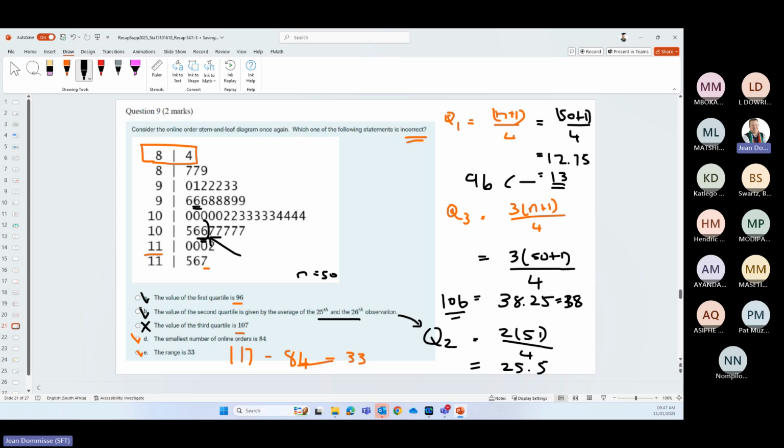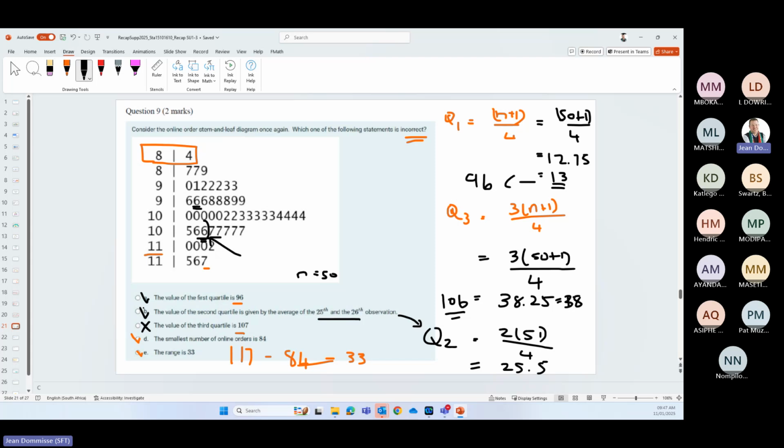That is correct. Okay, so in this question, they visually give us the data in a stem and leaf, and then from that, they ask us to work out basically the quartiles.